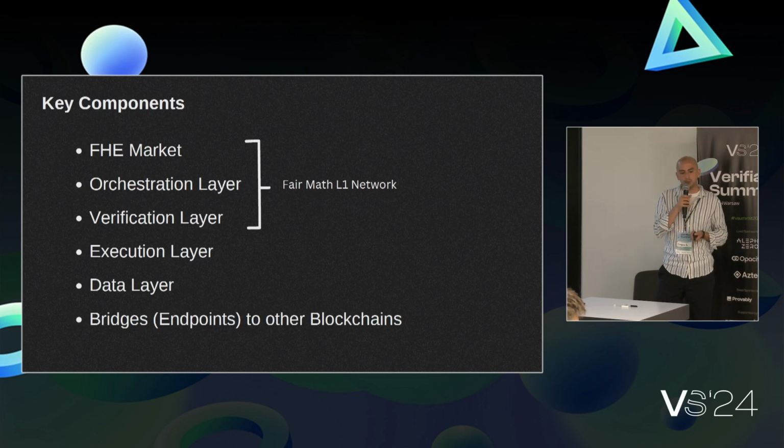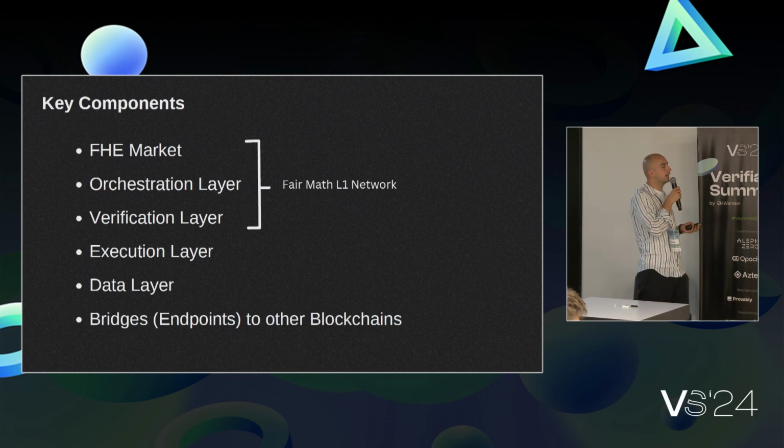Our computer has a multi-layer design. At the top layer, we have the FHE market, which is the marketplace for applications, which means that any developer can publish any FHE application for private or public use. If someone uses your application, you will receive some royalty.